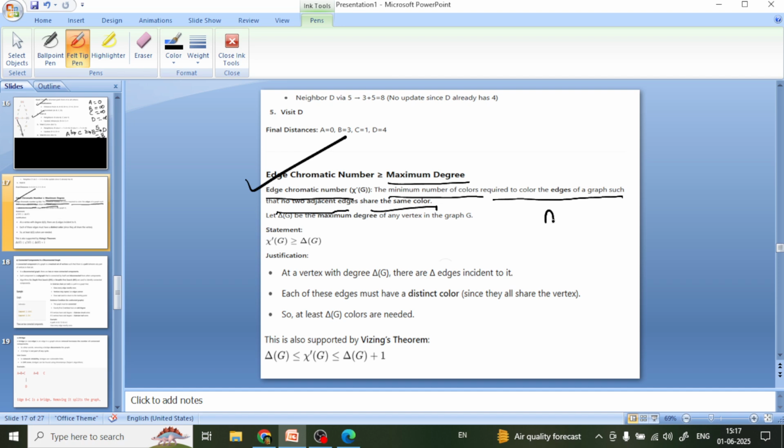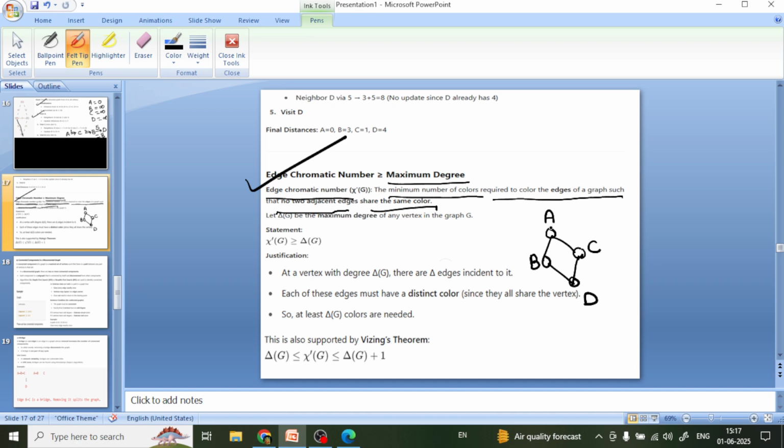Means, for example, this vertex A, this vertex B, this vertex C, and also this vertex D. No two adjacent edges have the same color.